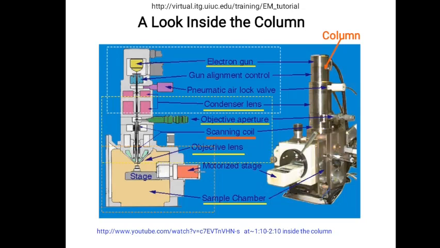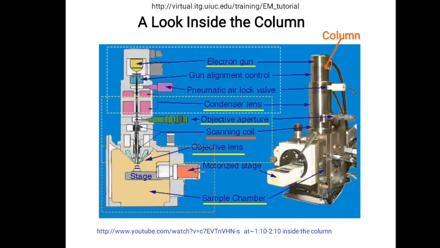And then looking inside the column, there is the electron gun, alignment control, pneumatic air lock valves, condenser lens, objective aperture, scanning coils, objective lens, then motorized stage and sample chamber.